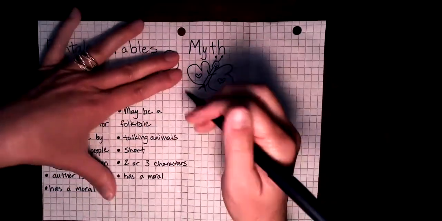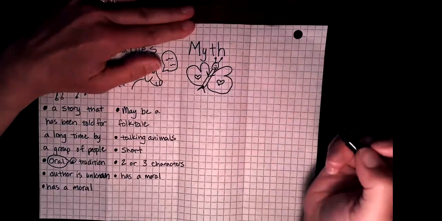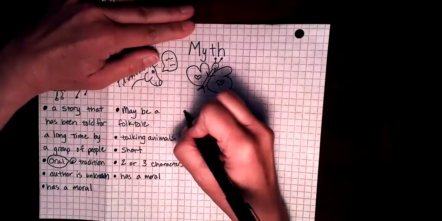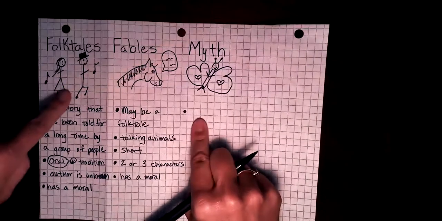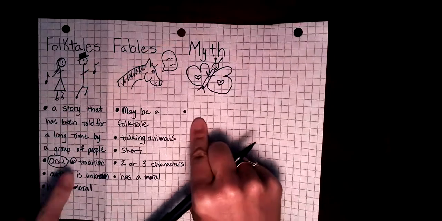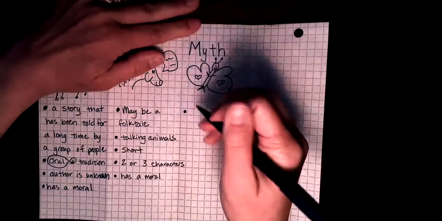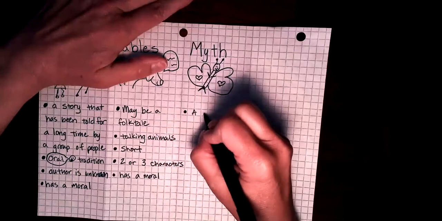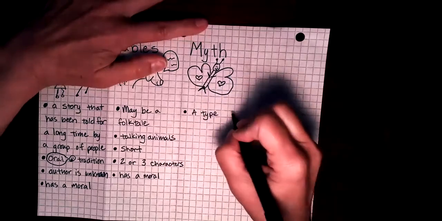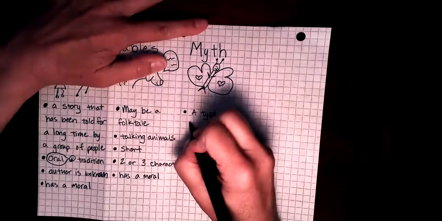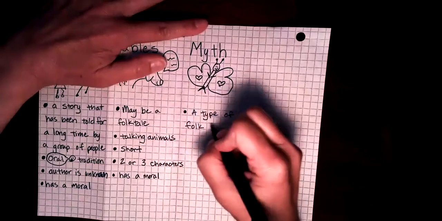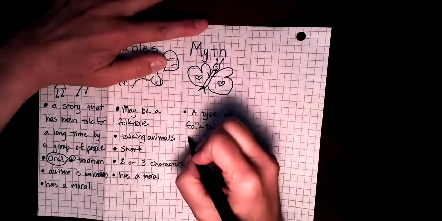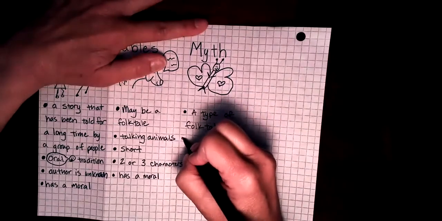Okay, so a myth is a type of folktale. So if it's a type of folktale, you can go back to the folktale and read what a folktale is, but a myth is just a little different. But it is a type of folktale. And it explains how things came to be.